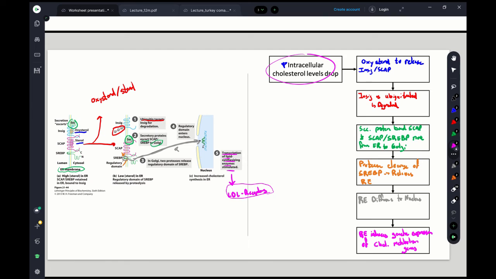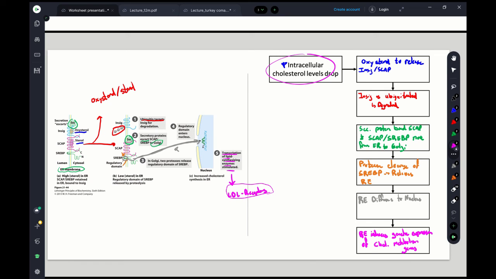are going to bind to one of the key regulatory enzymes within the cholesterol synthesis pathway. Cholesterol synthesis is quite complex, but statins can actually inhibit cholesterol synthesis within a cell.